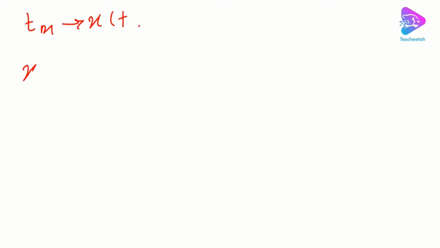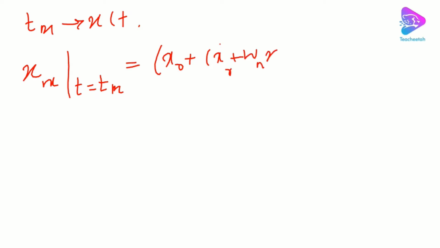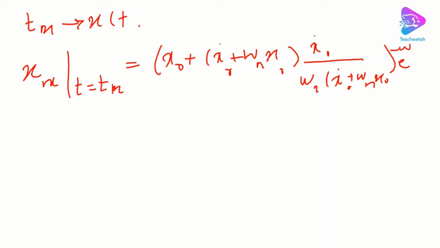So x max is equal to x at t equal to tm, and after we simplify that, we can find it is equal to x naught plus x dot naught over omega n, plugged into the expression we have for x, times e to the minus omega n, and here is tm, so we just use the tm in there.